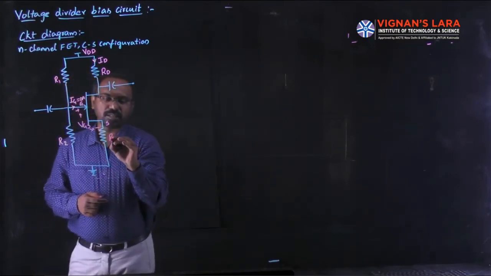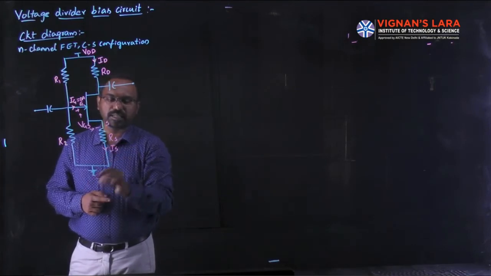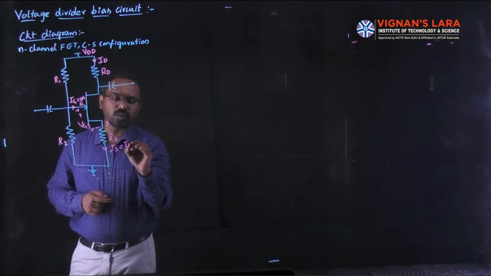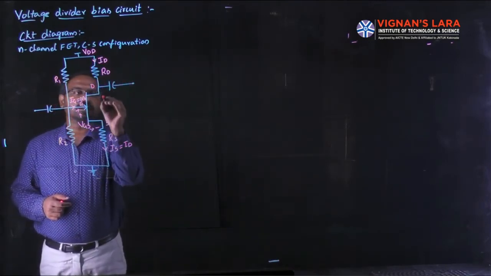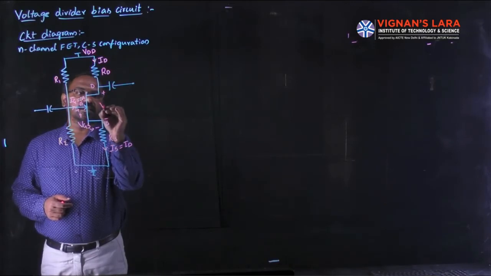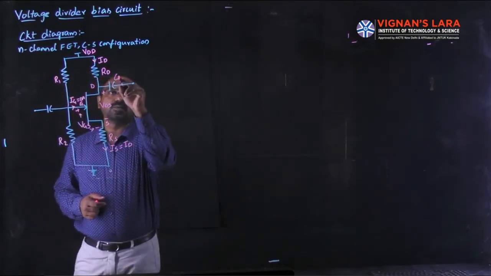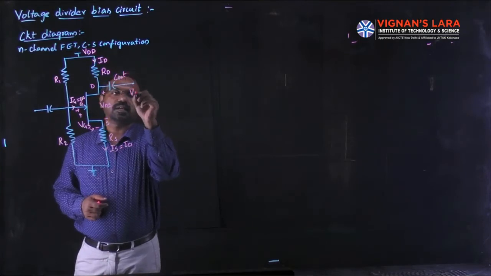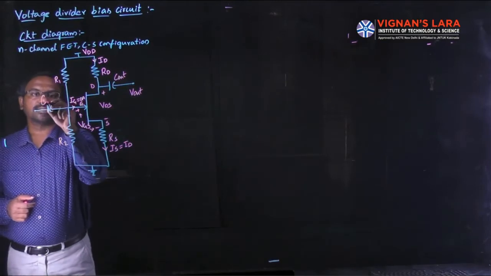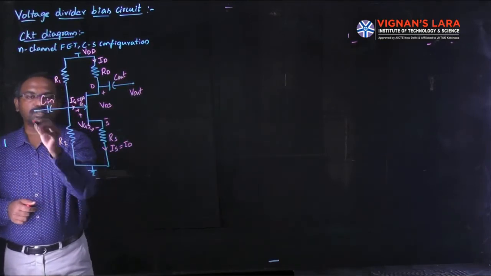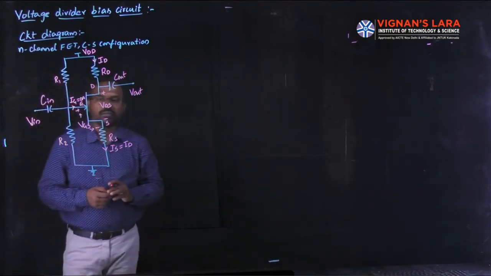This is the source resistance RS and the current flowing through it, I am assuming as IS, generally equal to ID. Between drain and source, the voltage drop is the output voltage drop VDS. This is the output capacitor Cout across which the output Vout is measured. This is Cin, the input capacitor, across which we apply the input signal.